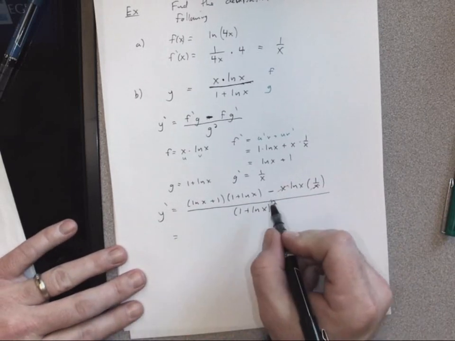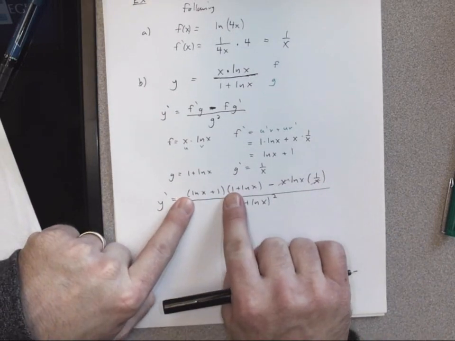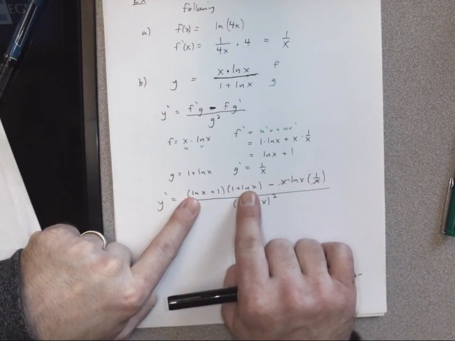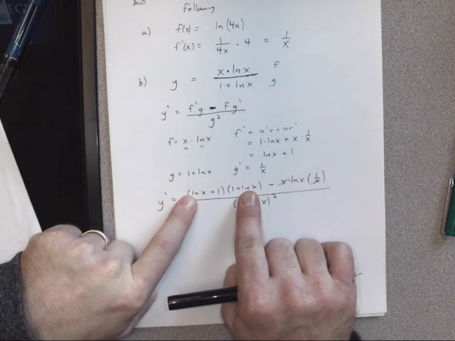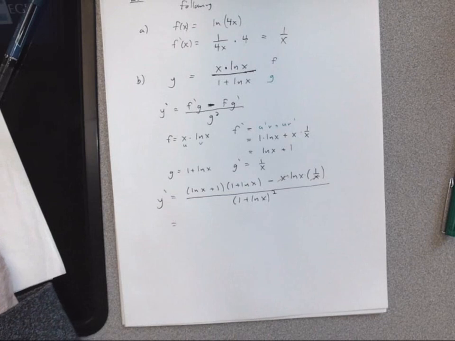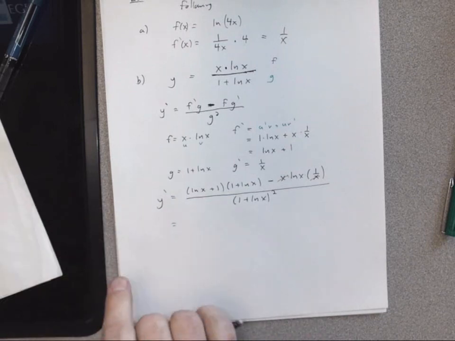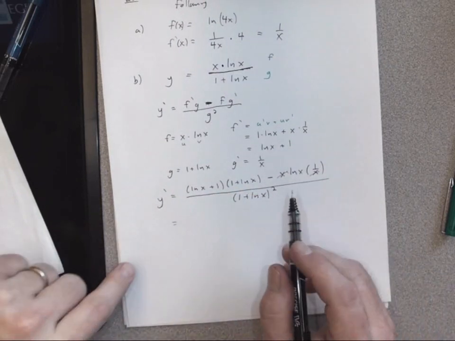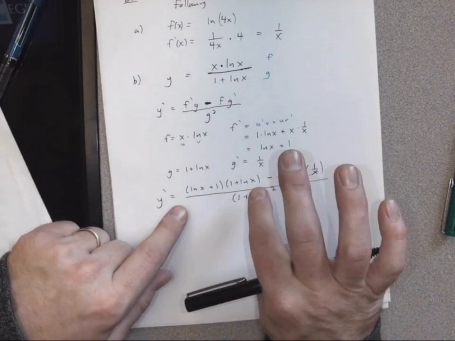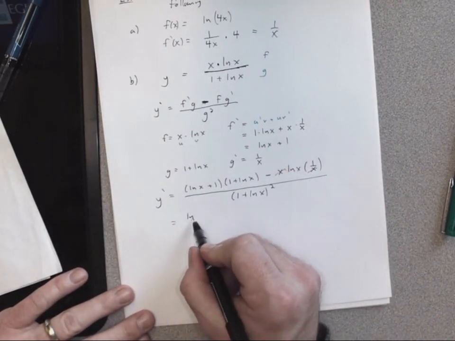So what I'm going to do is I'm going to FOIL this numerator out. So natural log of x times natural log of x is going to be the natural log of x quantity squared. Inside is going to be 1, and the last is going to be the natural log of x. So what we're going to get is natural log of x times 1 is natural log of x.